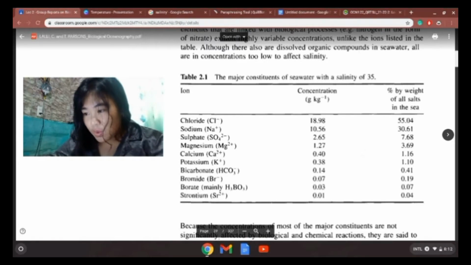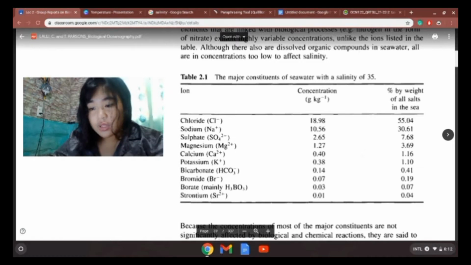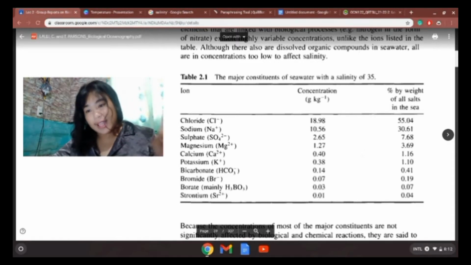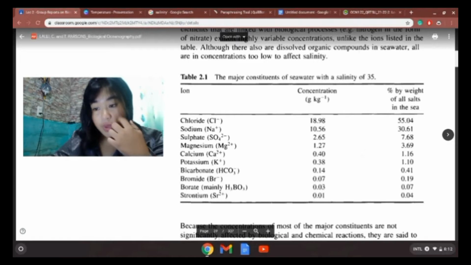Next is the bromide, which is 0.07, and in percent of the salts in the sea it is only 0.19. Borate is 0.03 in concentration and 0.07 in percent. And the strontium is only 0.01, and the percent by weight is 0.04.